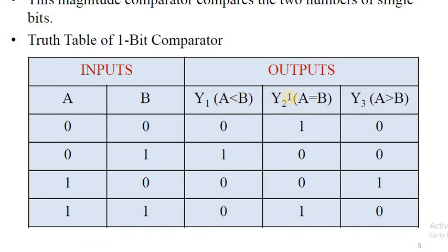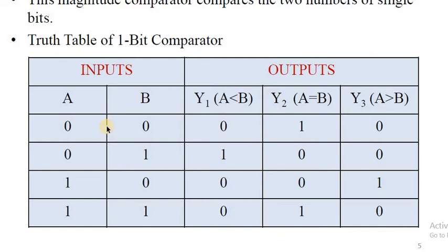A is less than B. y2 is A equal to B. y3 is A greater than B. Therefore, when we compare these two inputs, the possible combinations are 4, that is 2 raised to 2. Write down A as 0 1 0 1 and B as 0 0 1 1. These are the possible combinations whenever we consider two inputs A and B.